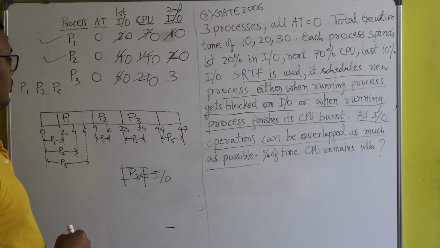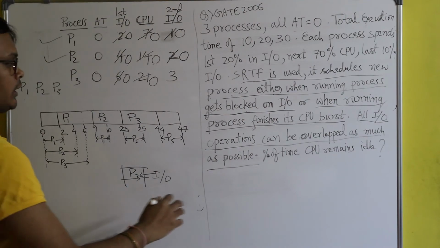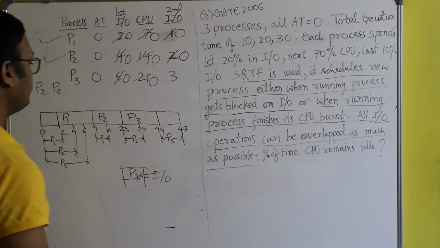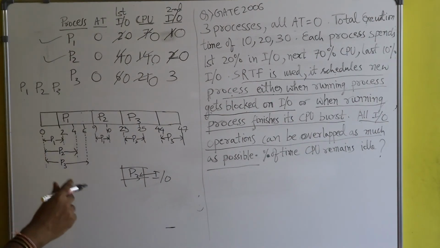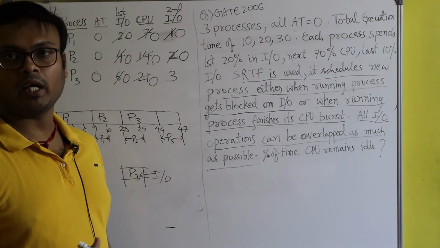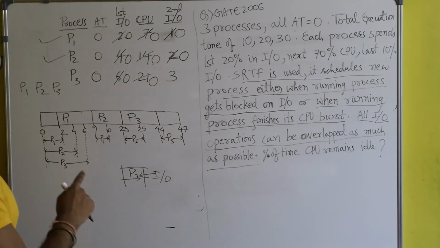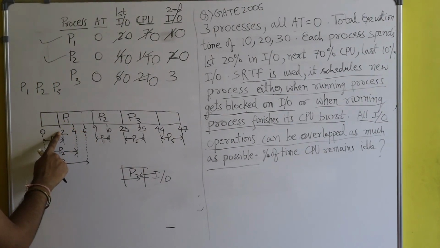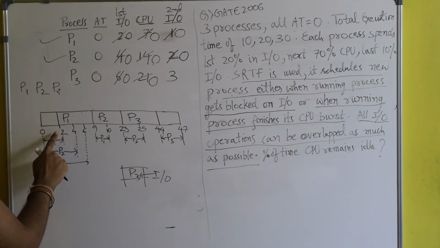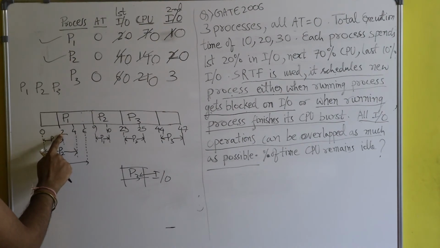And you see, they have asked in the question the percentage of time the CPU remains idle. So what does percentage CPU idle time mean? If the CPU is not being used, that is CPU idle time. You see that in the first 2 seconds, the CPU is not getting utilized, because the CPU is utilized only from 2 seconds.